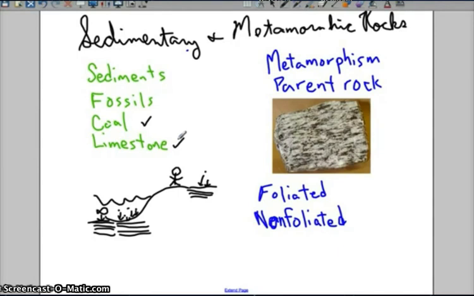Now, one thing significant about limestone is coral reefs. You have coral reefs that are in the ocean sometimes. A reef, of course, is a buildup in the ocean, and these reefs are actually made of corals. A coral is a little animal that stacks upon itself, and whenever it dies, the corals stay stacked on top of each other.